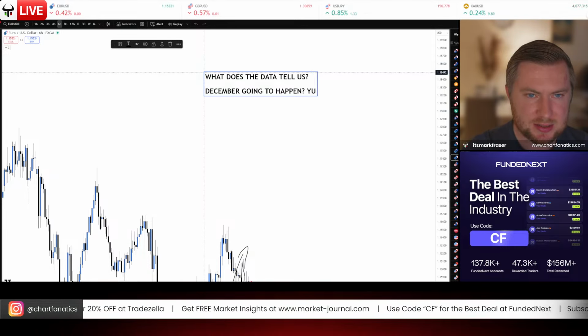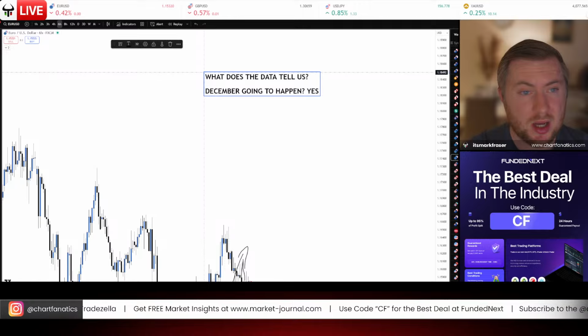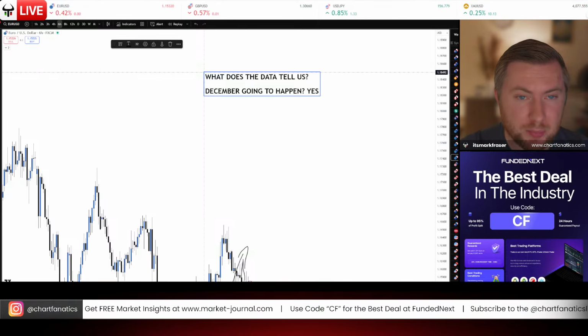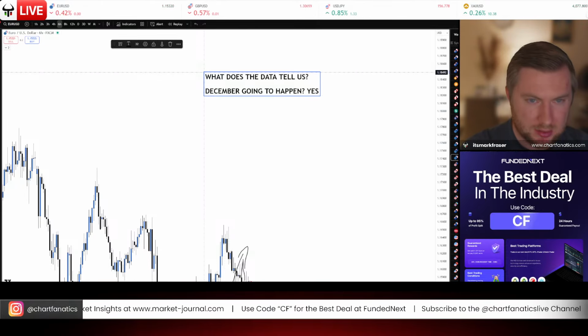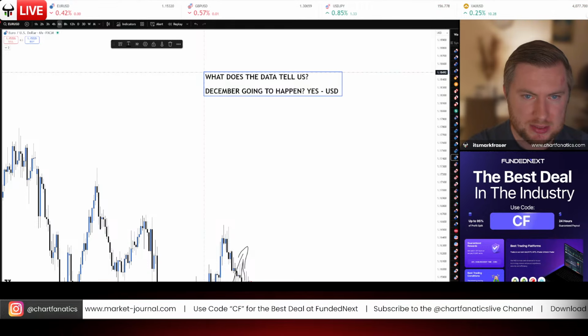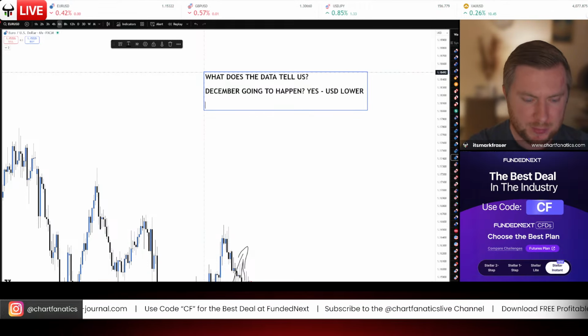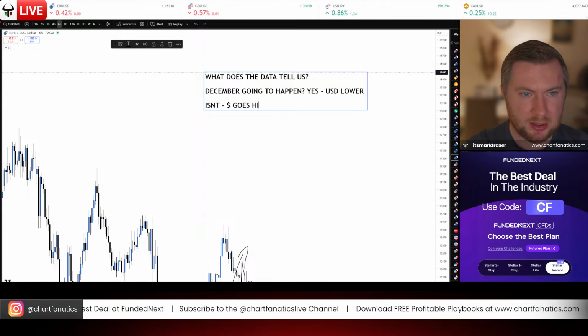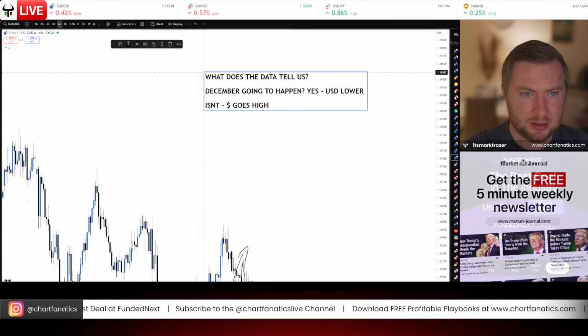If it's a yes, because let's say poor NFP, rising unemployment rate, etc., then USD lower. If December isn't, this dollar goes higher because there's still rate cuts priced, right?